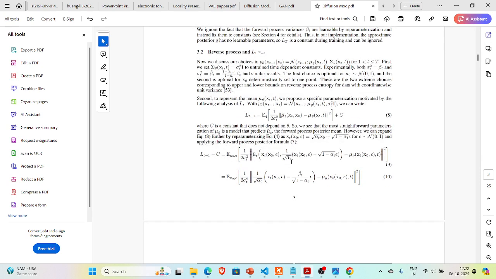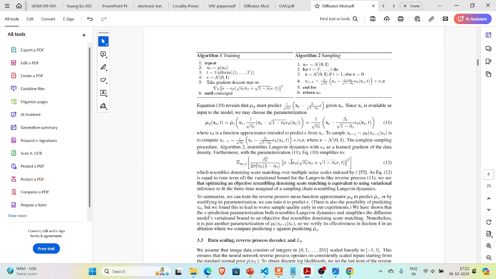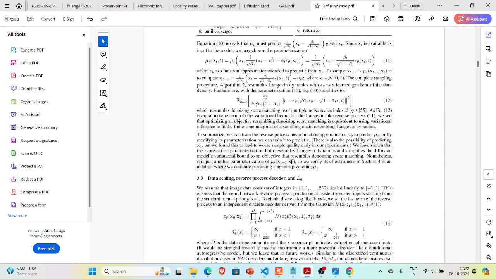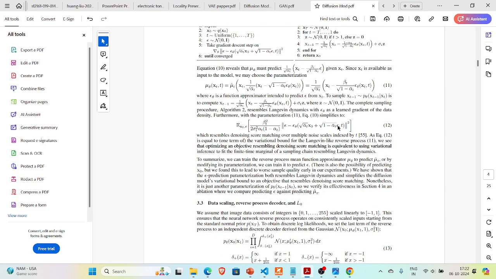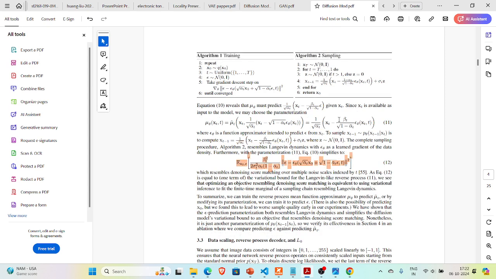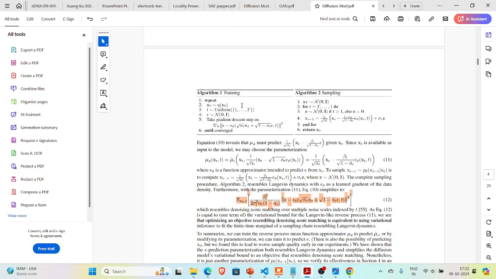Here we have to use this as the cost function, with theta as the parameter of the cost function, and there is this training algorithm of the model, forward process and reverse process.